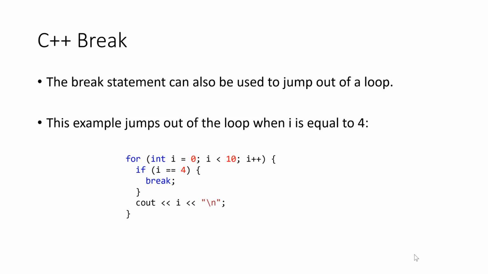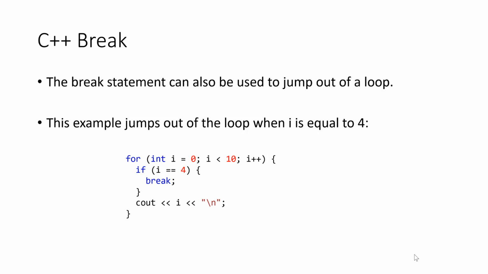Now you will find this break statement in almost every programming language. You will find it in C++, you will find it in Java, you are going to find it in Python. So why do we use this keyword or this specific statement?